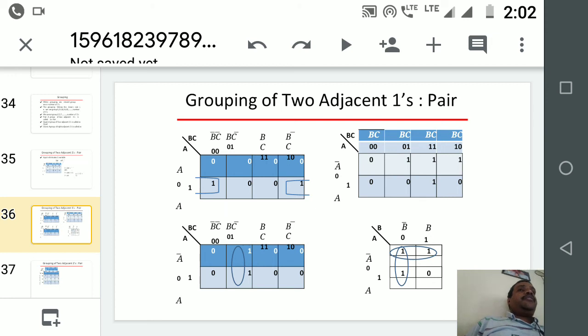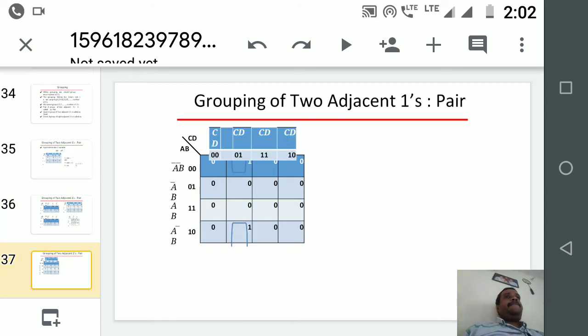If you observe the third K-map, you can pair vertically, and in the fourth K-map, you can pair horizontally as well as vertically. And this is another example. Here there are 4 variables present, and here you make the pair. Which pair? A B bar and C D bar. This is one example of pairs.